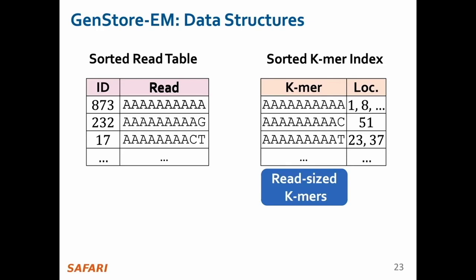Now we generate the same type of index, but this time with much larger k-mers, again extracted from the reference genome, with the locations of these k-mers in the reference genome. Also, each data structure is pre-processed and sorted, alphabetically in this example, based on the reads and k-mers in each table.